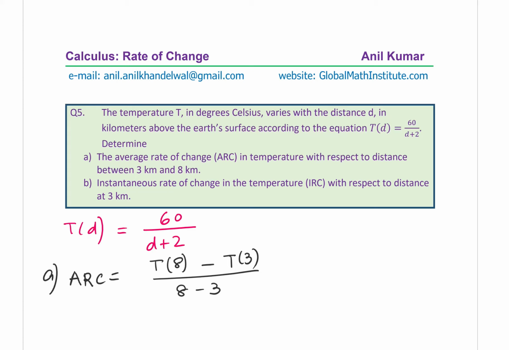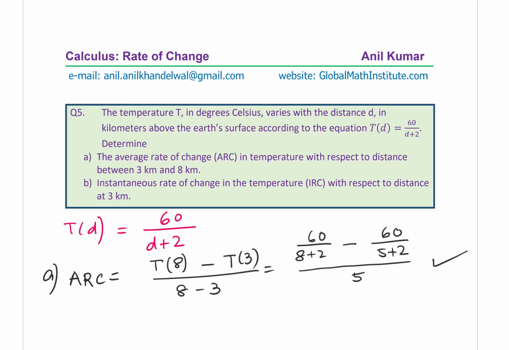So plug in 8 here and 3 there, right? So we get temperature. When you plug in 8, it will become 60 over 8 plus 2, minus, when you plug in 3, it will be 60 over 3 plus 2, correct? And you know here we have 8 minus 3, which is 5. Easy calculations, so you can provide the solution right there, correct?